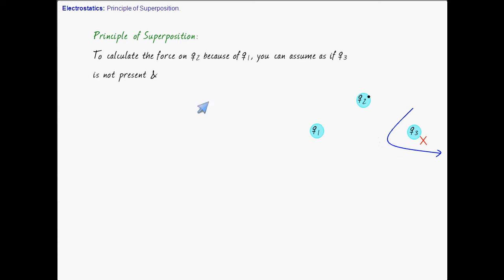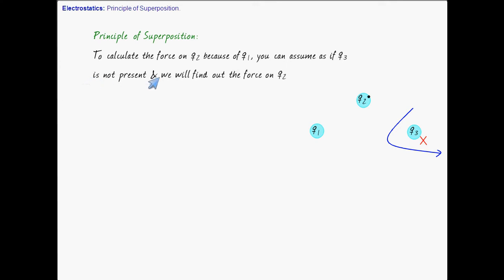The principle of superposition says that to calculate the force on Q2 because of Q1, you can assume as if Q3 is not present. First I will assume Q3 is not present and will find out the force on Q2 because of Q1.